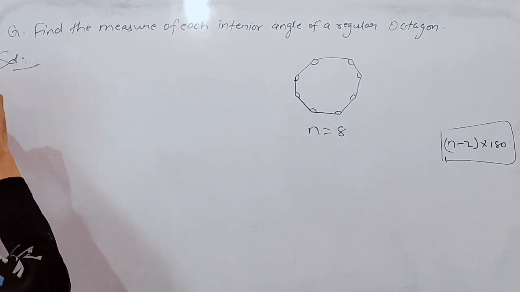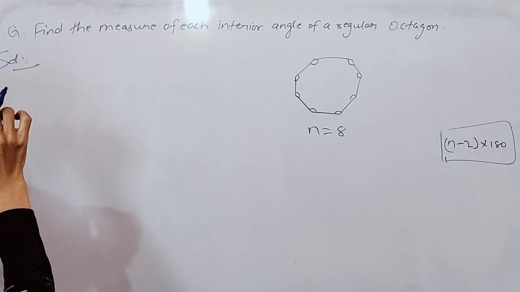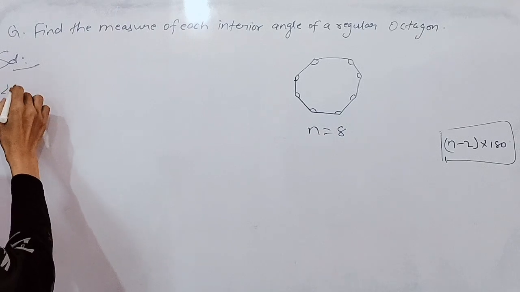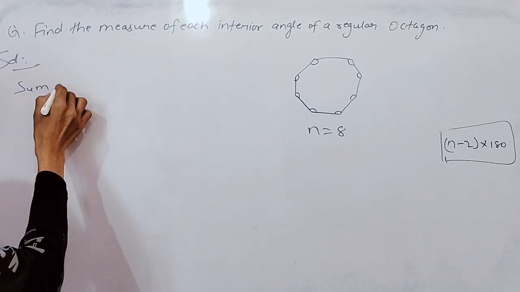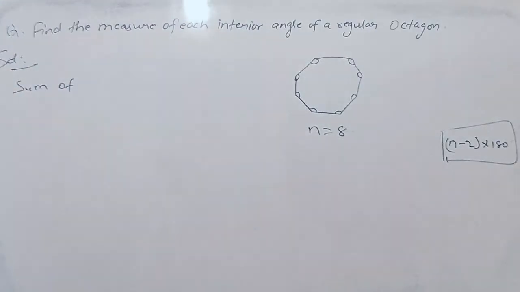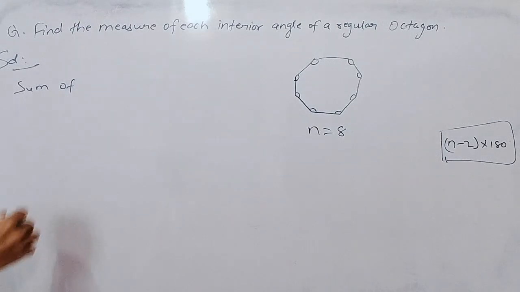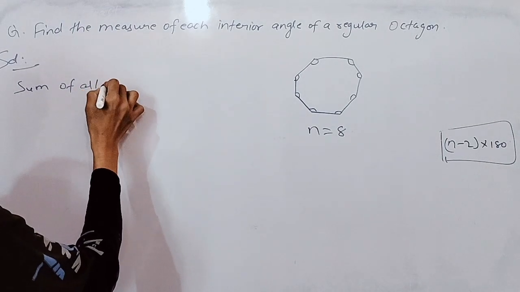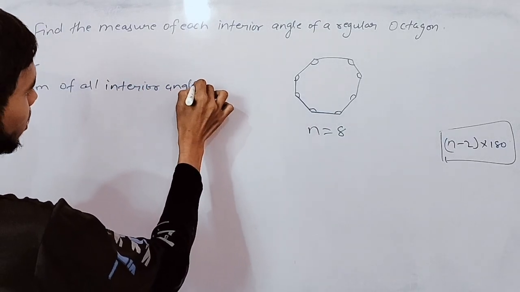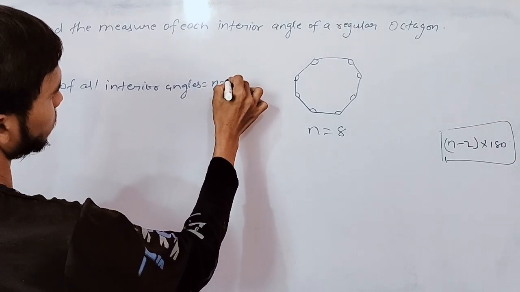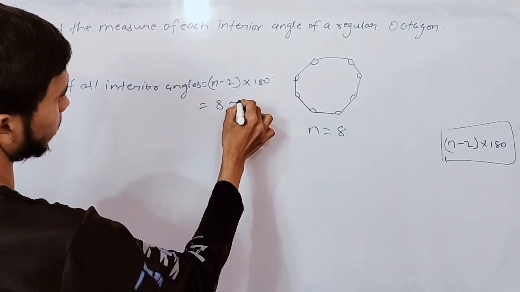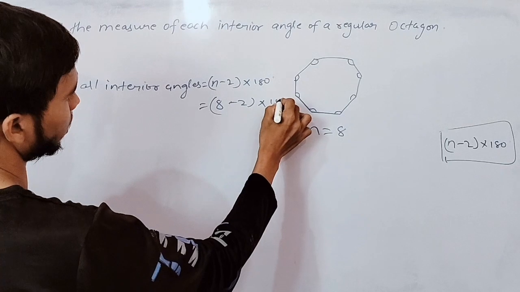Let's find the sum of all interior angles. The sum of all interior angles is (n minus 2) times 180, where n is 8, so (8 minus 2) times 180.